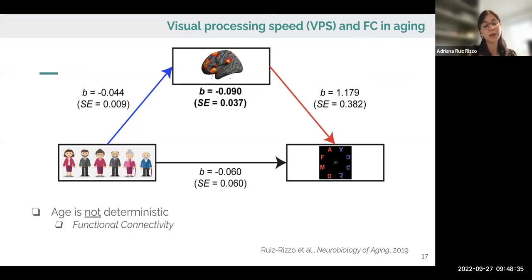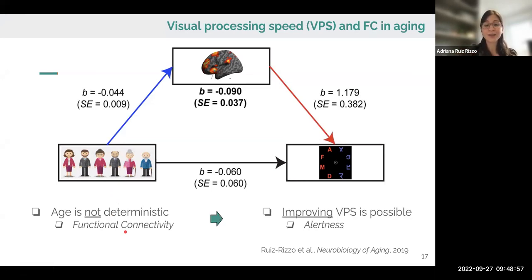These results imply that age is not deterministic, meaning that a particular age does not determine the particular level of visual processing speed, so there is room for improvement if we, for example, look at the level of functional connectivity.